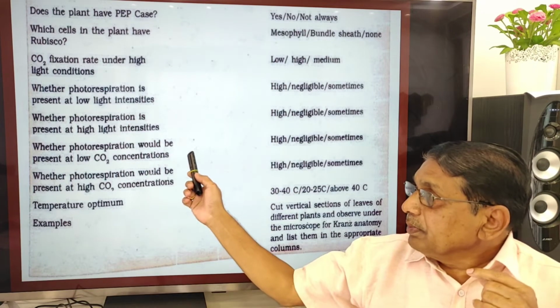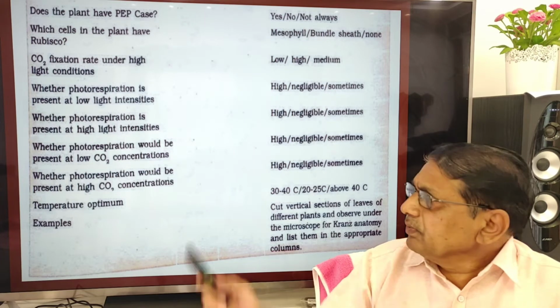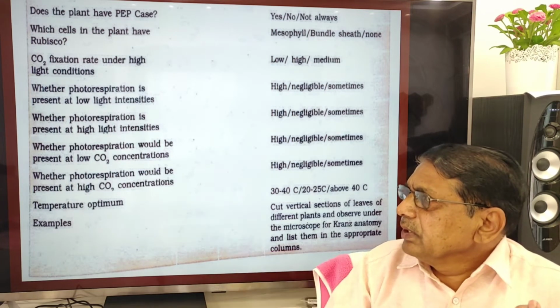What do you write in C3 plants? In C3 plants, photorespiration present. In C4 plants, it is absent.